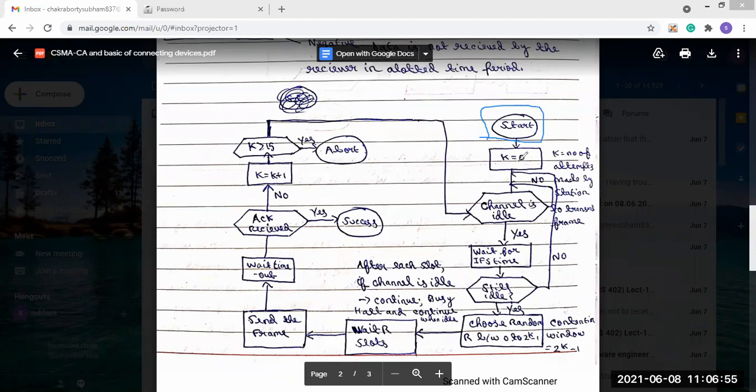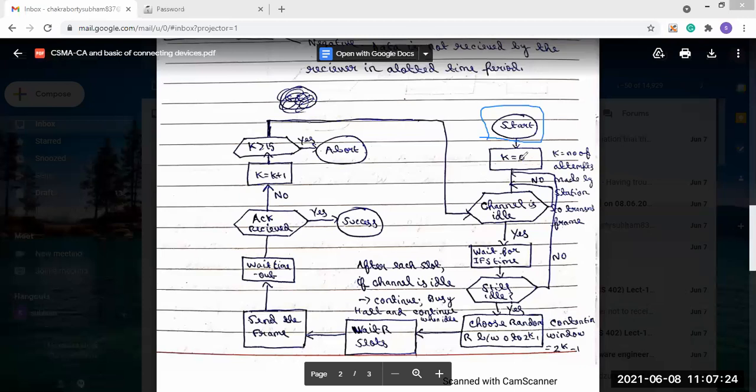So in the first attempt, station A is not able to send the frame. So it waits for some amount of time, and after waiting, it tries the transmission channel again. That means this is the second attempt of station A. That's the number of attempts to transmit the frame.